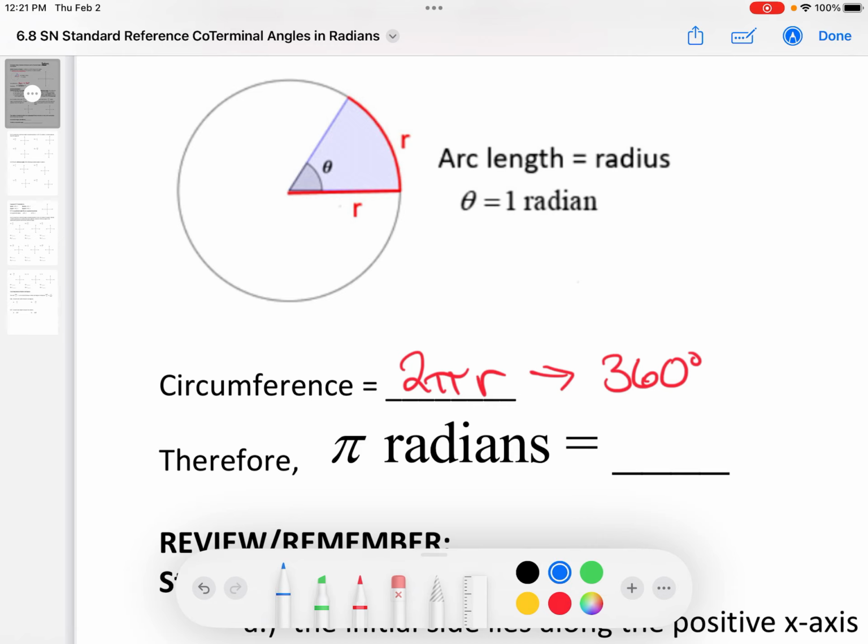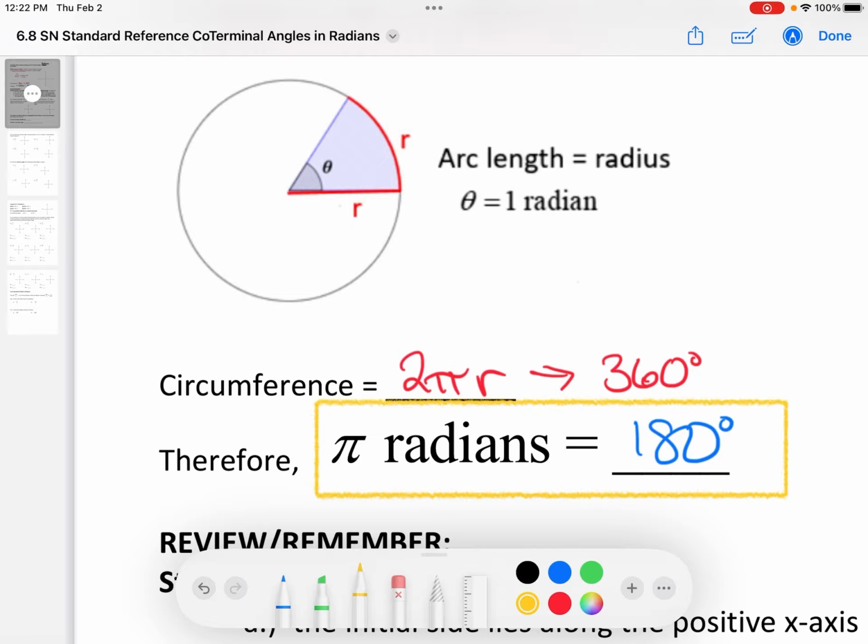So what we can do is divide that by 2, and pi radians is 360 divided by 2, or 180 degrees. And this is the conversion, degrees to radians. Pi radians is equal to 180 degrees.